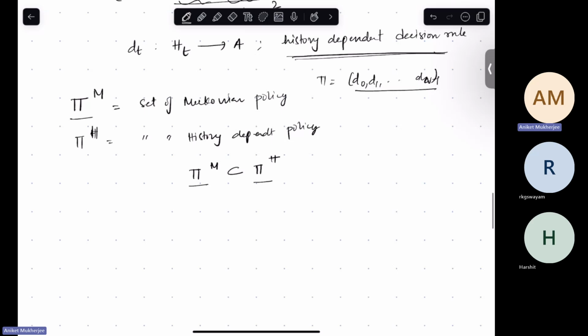Okay. There is one more kind of policy, that is a stationary policy. So π = (d0, ..., d_{n-1}) is a stationary policy if these are independent of time.